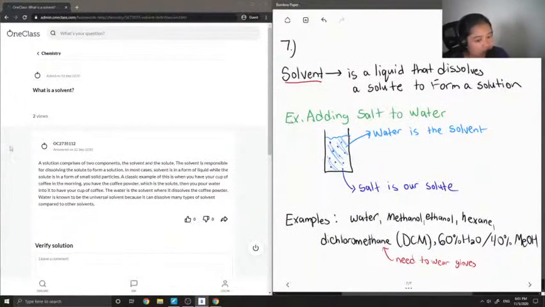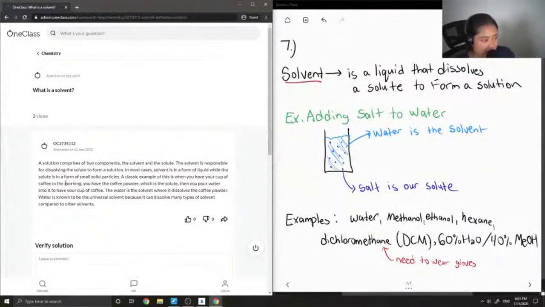So let's see what our junior tutor said. A solution comprises of two components, the solvent and the solute. The solvent is responsible for dissolving the solute to form a solution. In most cases, solvent is in a form of liquid, while the solute is in a form of small solid particles.